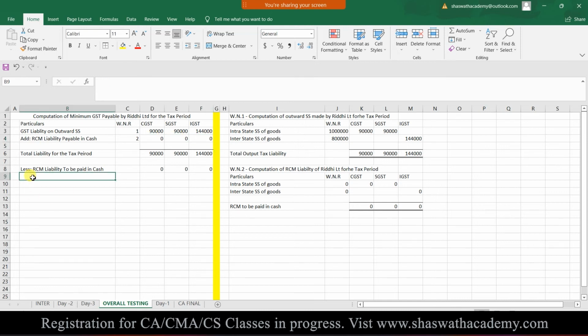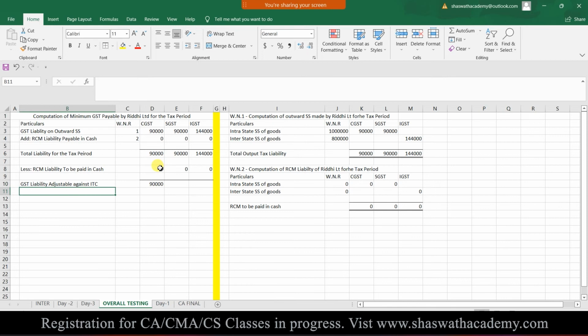So, sir, by reducing this, what will you get? By reducing this, my dear brothers and sisters, what I get is GST liability adjustable against ITC. I will get this figure, which is basically your total liability minus RCM liability.